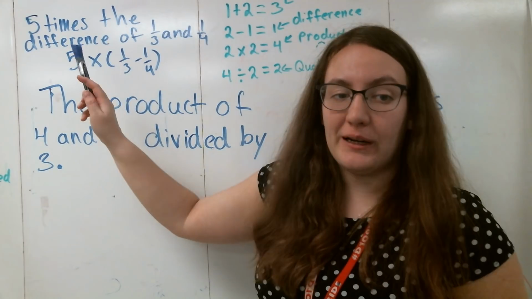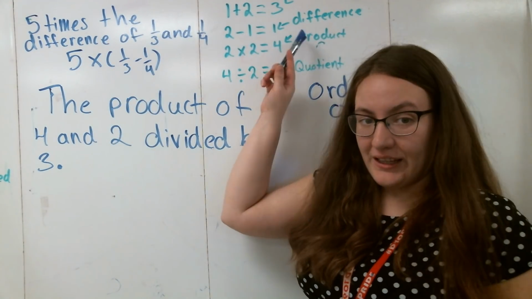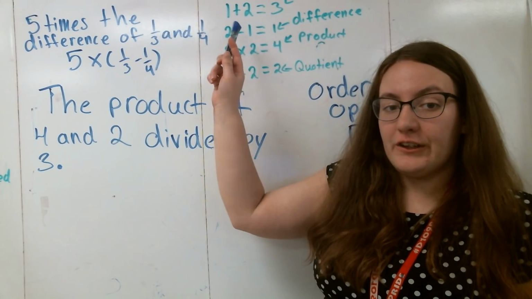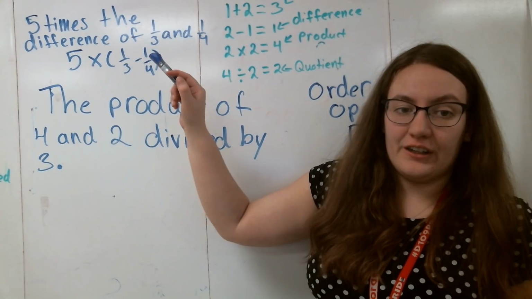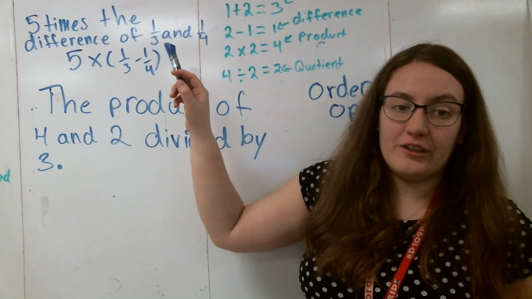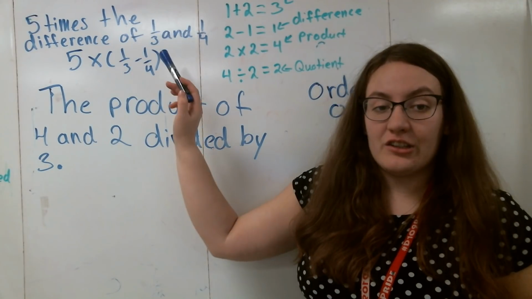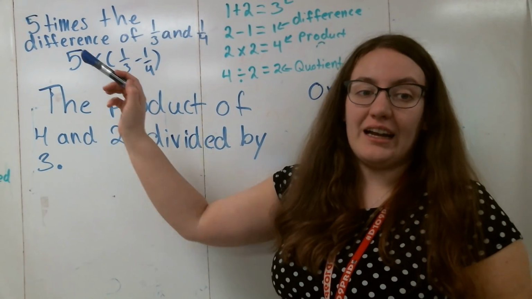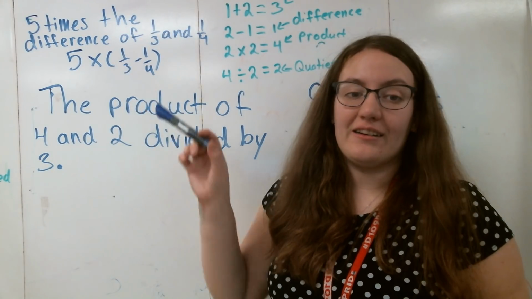And that's why this was important earlier, because the answer to a subtraction problem is the difference. And then we would just list the fractions or numbers that we were subtracting. So I have a third and a fourth. Again, I did 5 times the difference, because I'm subtracting, a third and a fourth.